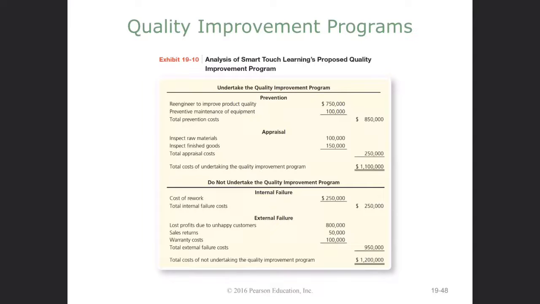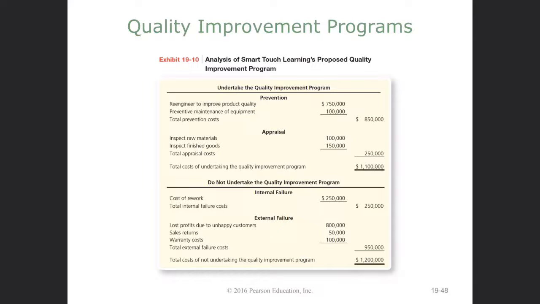Their total prevention costs are $850,000. For appraisal, they expect to inspect raw materials, $100,000, and inspect finished goods, $150,000. So they expect their total appraisal cost to be $250,000.